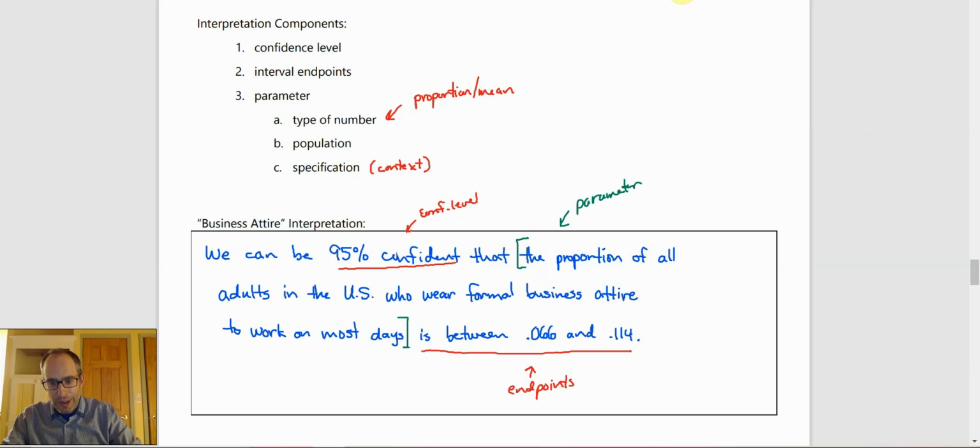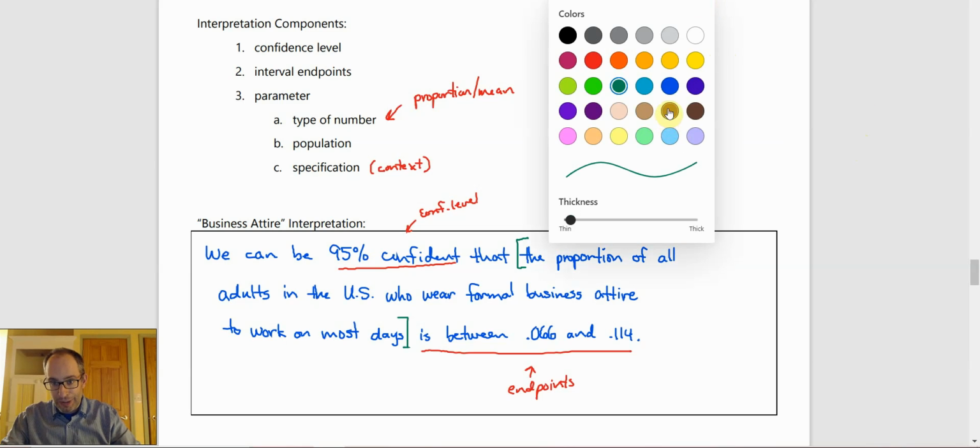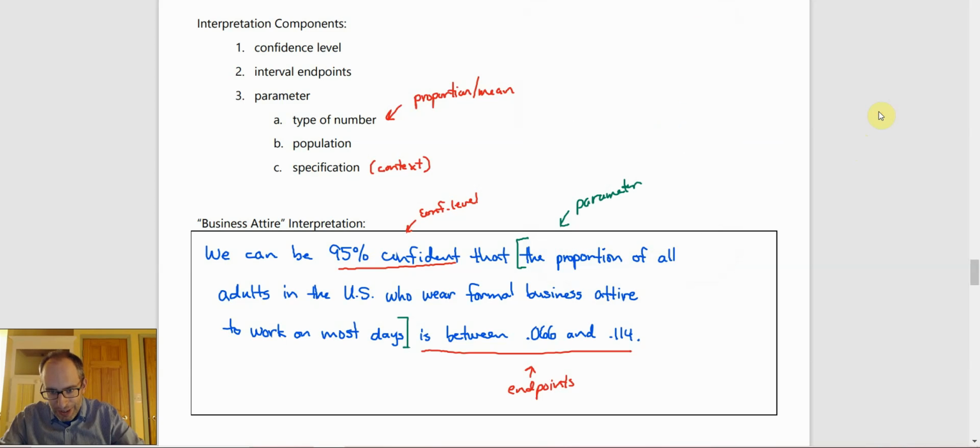Parameter. Okay, so there's the type of number, and I guess I gotta use a different color. I'm annotating everything here. So, right, there's the type of number. It's a proportion. So that's A, I guess, so I'll just do it like an A in parentheses maybe.